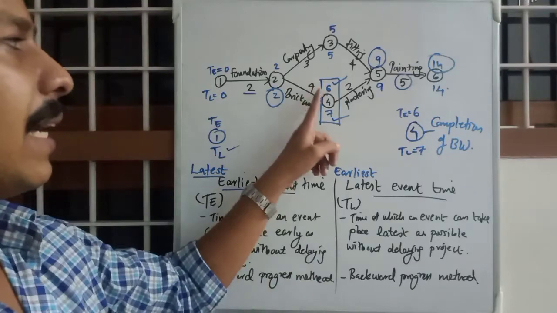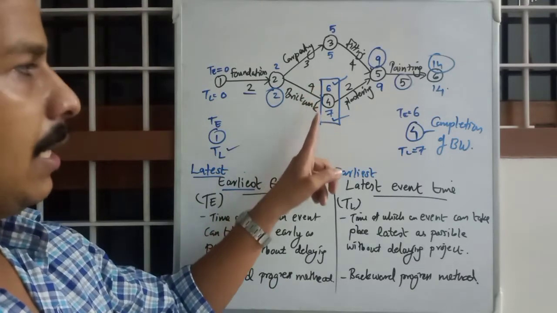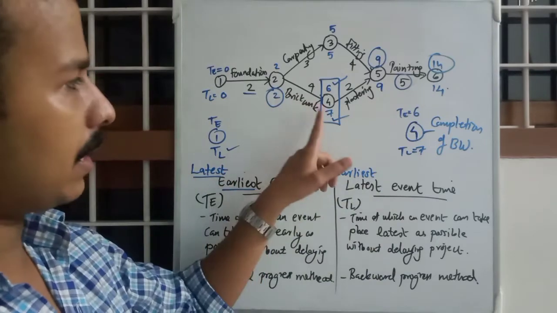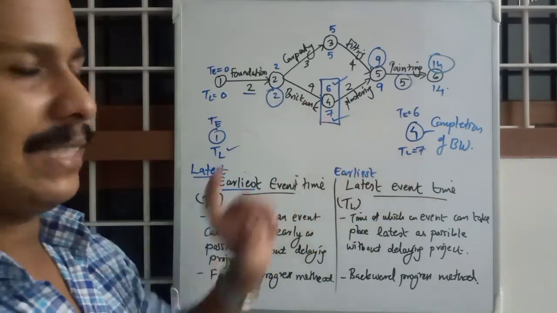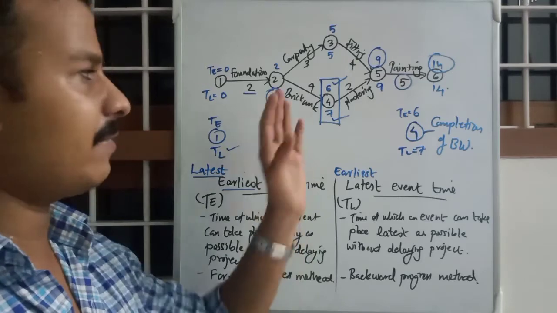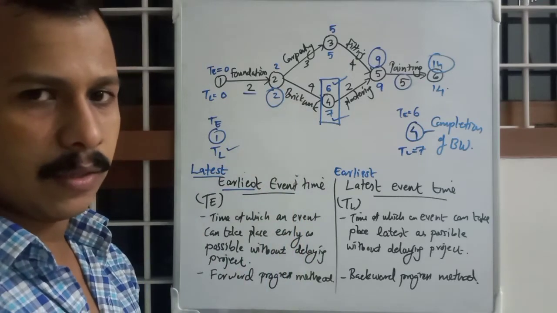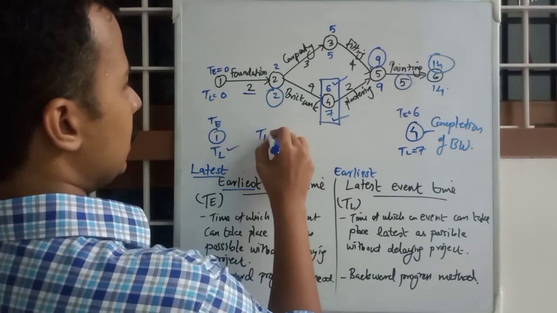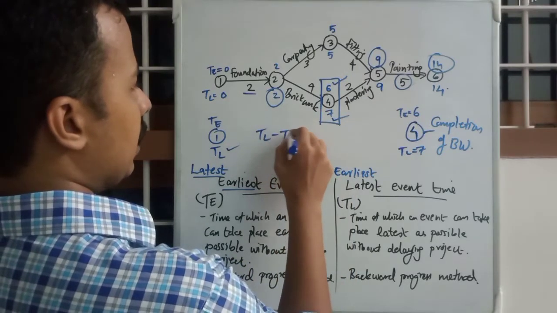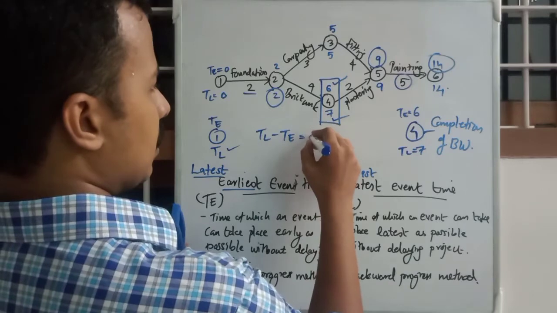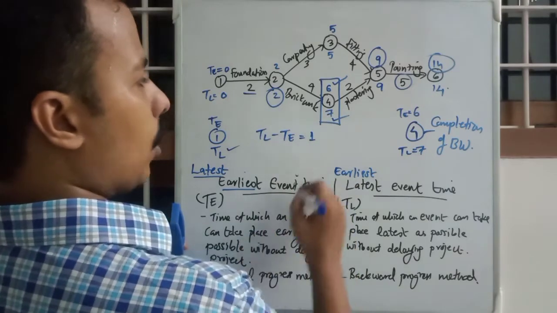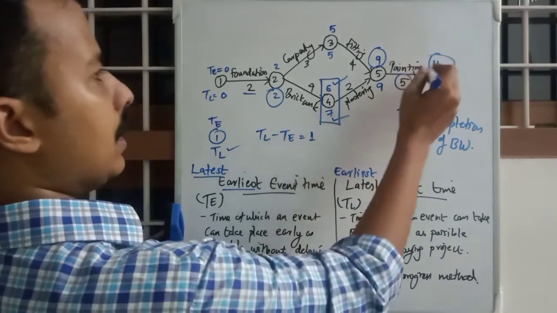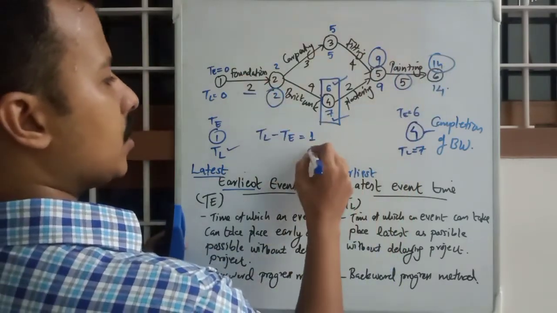At the earliest it can finish at 6, and at the latest event time it can finish at 7. That is the information that we get from this difference. The difference TL minus TE is 1 for the fourth event. All the other events have 0 value.